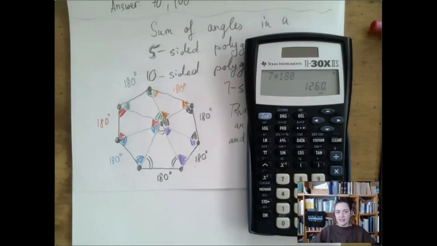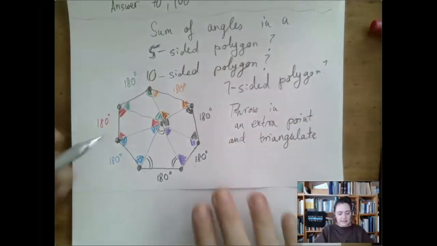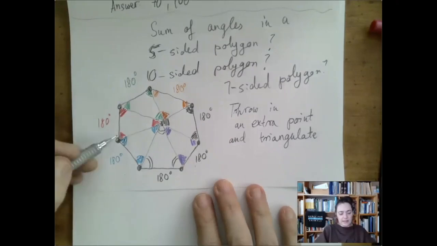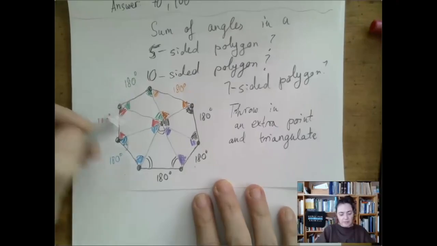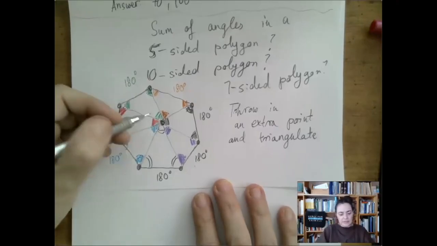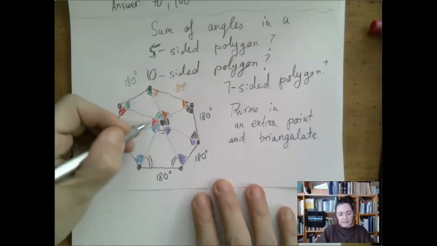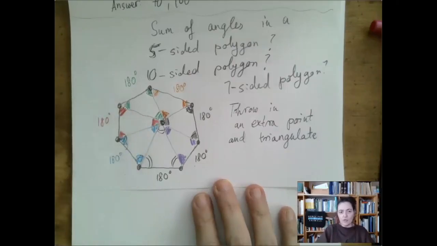But this is not exactly what we wanted. This angle is part of the deal because the red and the blue, that's one angle we want to add. But you see, we artificially threw in a point. So these angles here that were created are extra. We don't want that. That's the overcount.